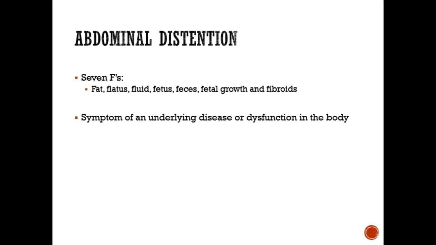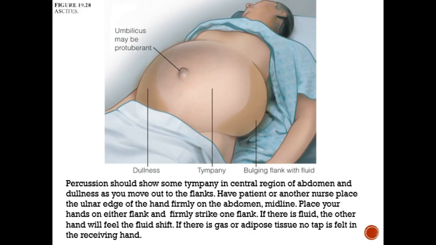Those are some of the main reasons why you might see abdominal distension. If it is fluid, when you're doing your assessment, you're going to be looking for that fluid wave shift over the abdomen to identify that indeed it is fluid.